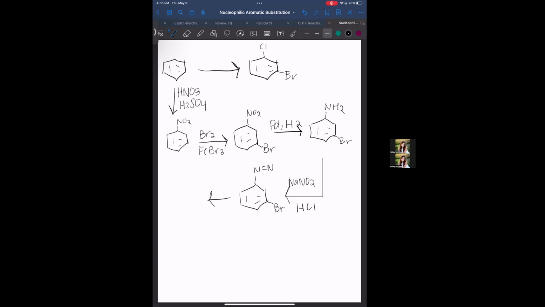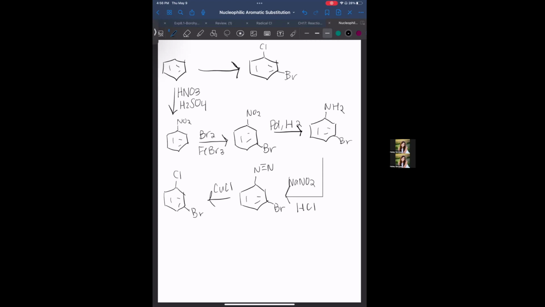Now we can do our other Sandmeyer reaction with this CuCl, convert this N triple bonded N, our diazonium salt, into our desired product of Cl here and Br in the meta position.